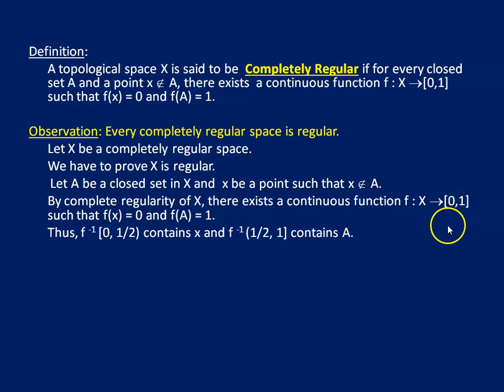Because we can find an open interval in R whose intersection with the closed interval [0, 1] gives us this interval [0, 1/2). So this semi-open interval [0, 1/2) is an open set in the closed interval [0, 1].